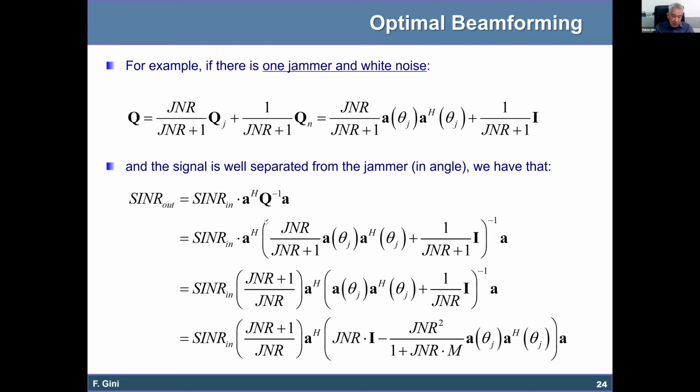First, I bring outside this constant, so what remains is our rank 1 matrix plus 1 divided by JNR times the identity matrix, and then the inverse. Now, this inverse can be very easily calculated by using the Woodbury identity. This is what we get. And then we multiply on the left by A Hermitian, on the right by A. So we do this multiplication.